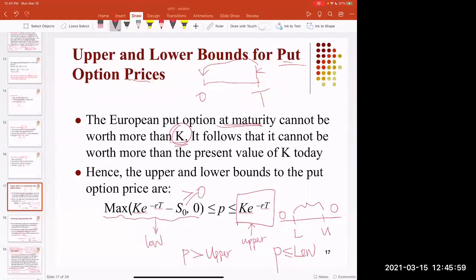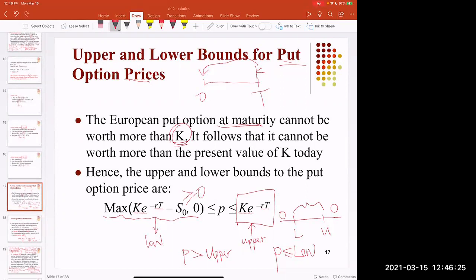So to summarize what we talked about today, we talked about the factors affecting the option price, then assumptions and notation, and then the upper bound and lower bounds for call and put option prices. And the most important thing you need to know is how to find the arbitrage opportunity if you know the market option price.